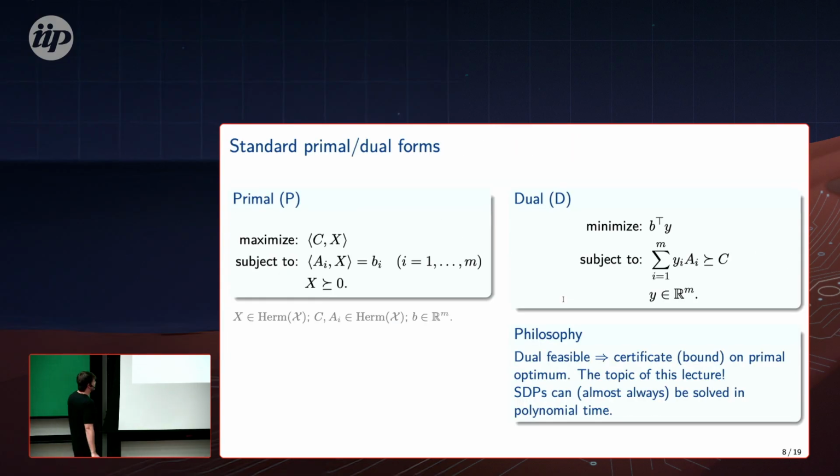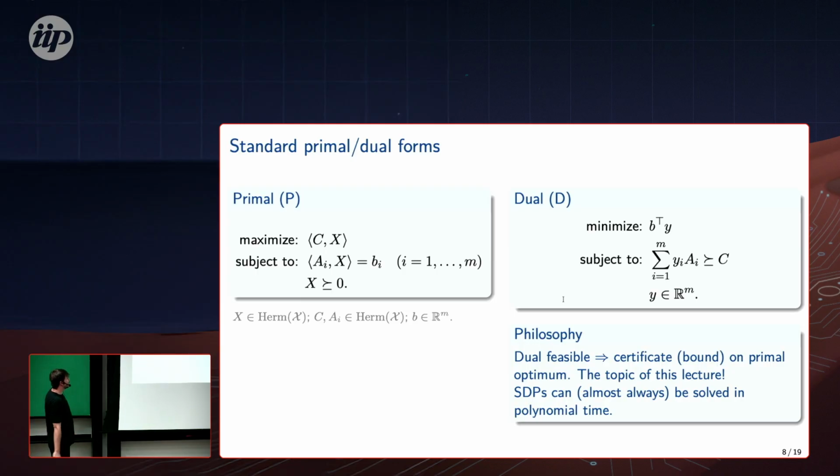Okay, and this thing over here might be a bit mysterious for now. This is the dual of the SDP. I just wanted to mention it already, but we'll only see where it's coming from in a few slides. But essentially, given any SDP, which again can be written like this, it has a good friend, its dual, that is given in this form.